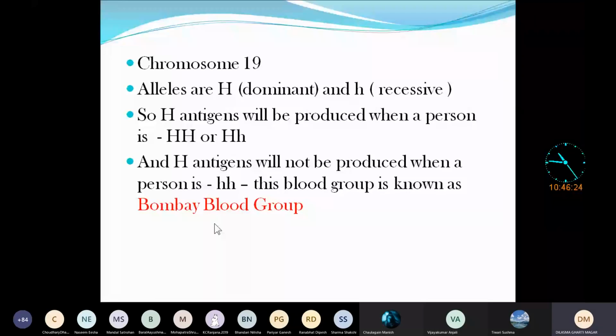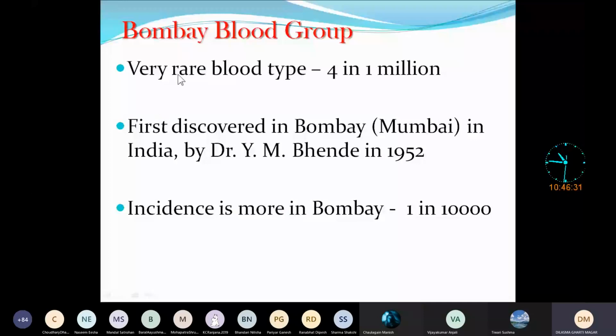Now we'll come to how it comes about. The Bombay blood group is a very rare blood group, and we find it in 4 in 1 million. 1 million means how much? 10 lakhs. Good. So out of 10 lakhs, only 4 people will have this Bombay blood group.